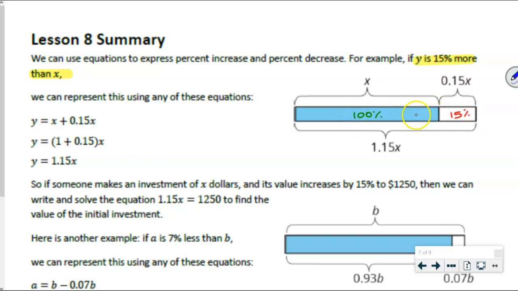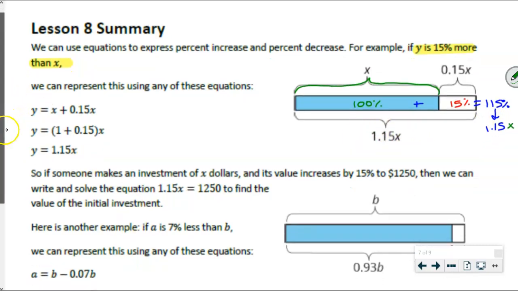And 100% plus 15% is equal to 115%, which I would use the decimal 1.15 to calculate, which is what we see here. That is being multiplied by the original amount. Notice this original amount is listed as just x. So that 1.15 is multiplied by x, which is how we get this.